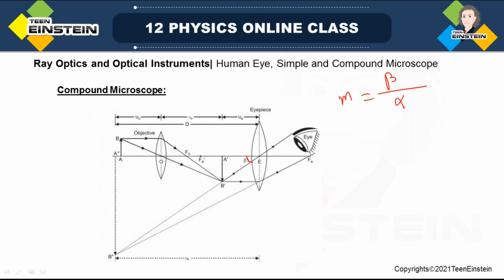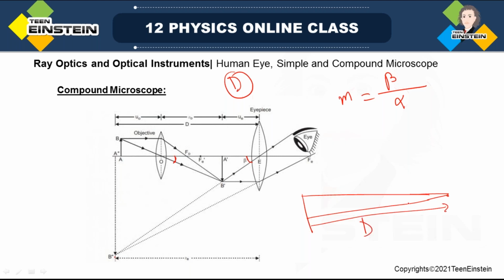This is for when the image is formed at the least distance d of distinct vision.